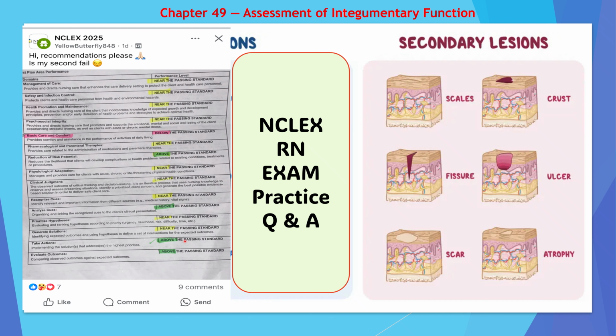So this is a CPR, they call it the candidate performance report, after not passing, which is fine.